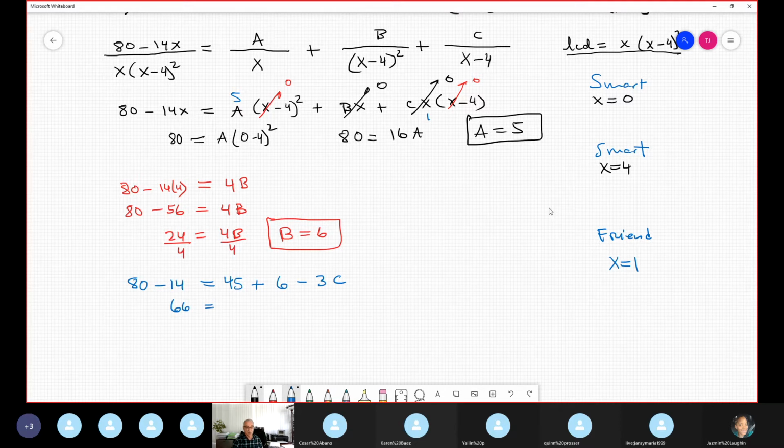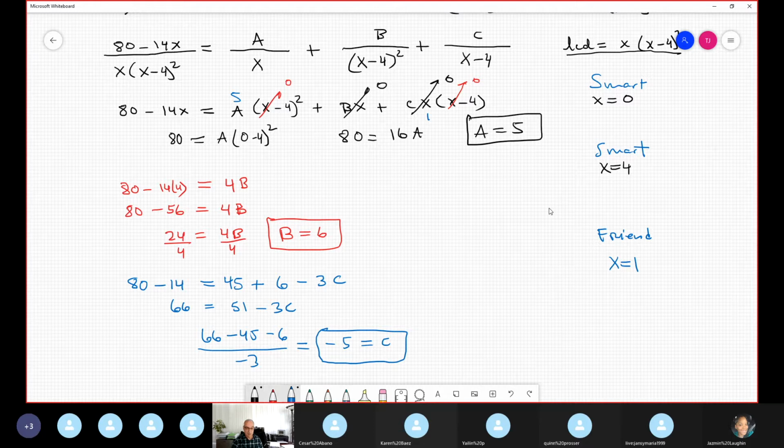This is 51. 51 minus 3C. Therefore, 66 minus 45 minus 6 is 51, divided by negative 3. Everything is negative 5. Now C is negative 5.